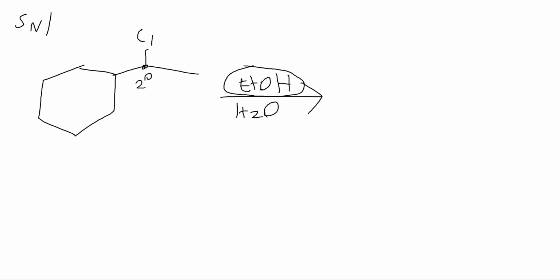Weak, yes. And then we have water as our solvent. Is that protic or aprotic? It's a polar protic solvent, so a weak nucleophile and a polar protic solvent are both things that factor into an SN1 mechanism.